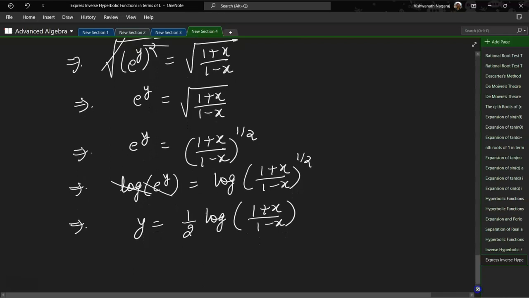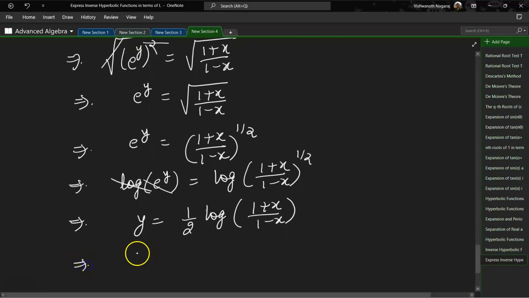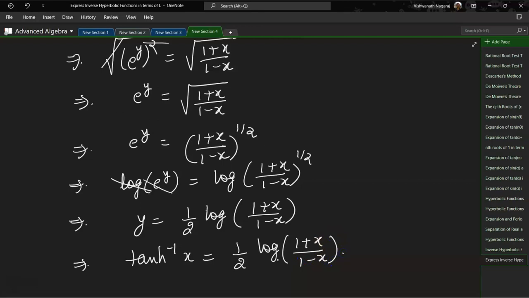And y is what? y is nothing but hyperbolic tan inverse of x, which is equal to 1 by 2 log of 1 plus x by 1 minus x. See, by converting to this form, it becomes easier for us to figure out the value of y.